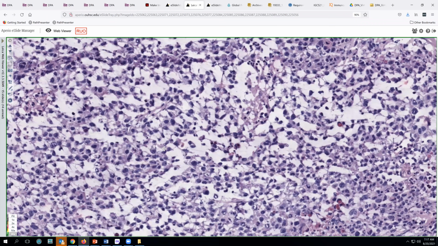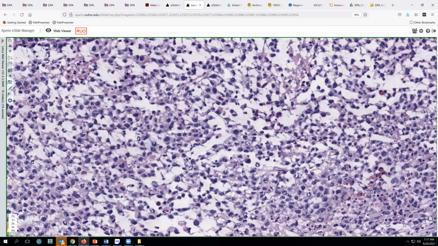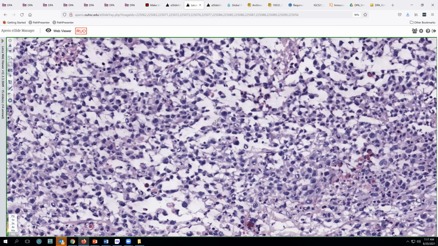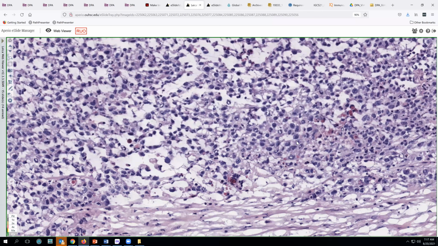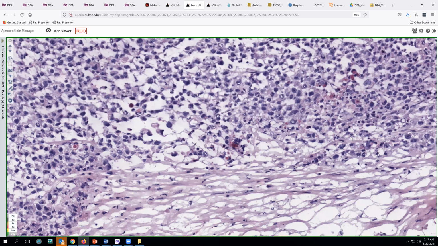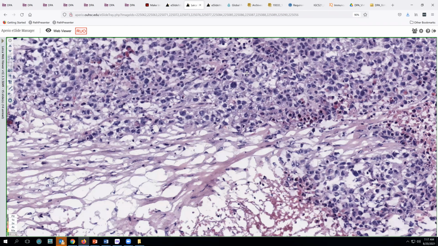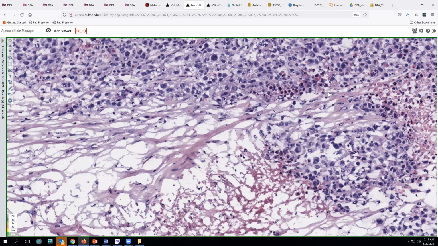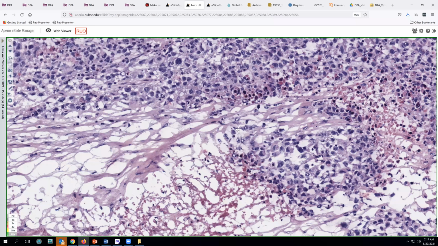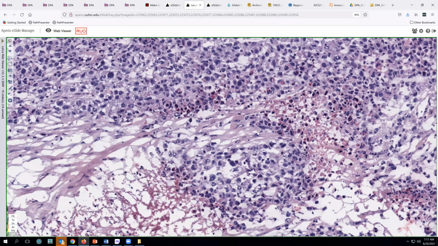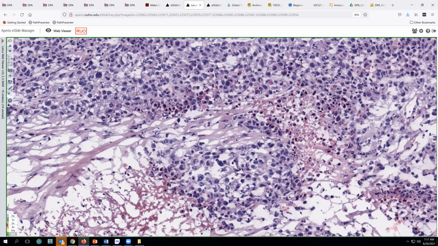And here, as we come in at higher magnification, I think you'll see that there's a modest degree of pleomorphism, fairly abundant cytoplasm. These cells are not right back to back. And the cytoplasm is a little bit purplish. The intervening areas, here we can see some necrosis here and over here. Not a lot of inflammatory cells in this lesion.